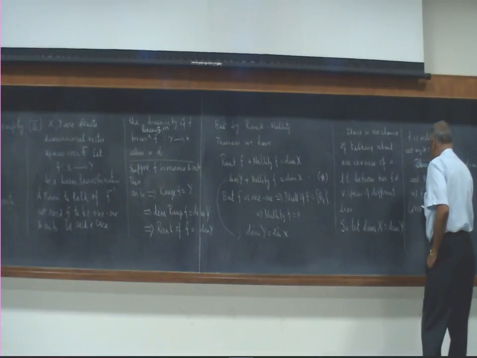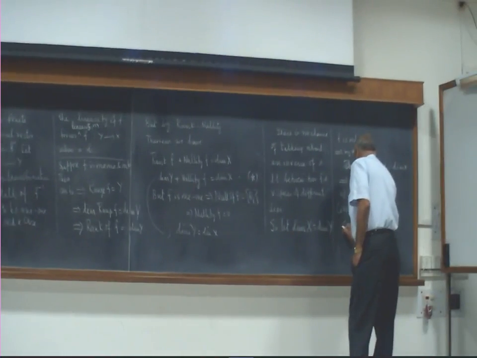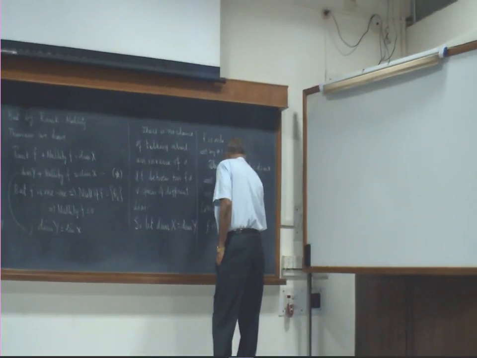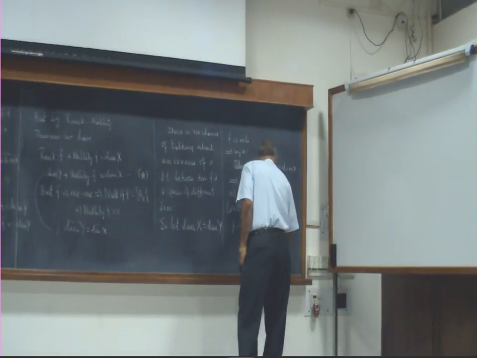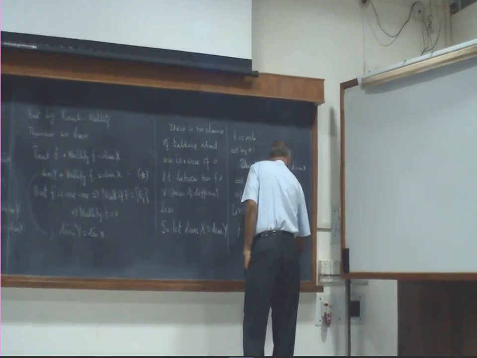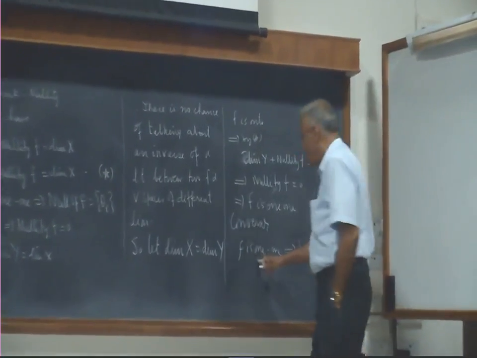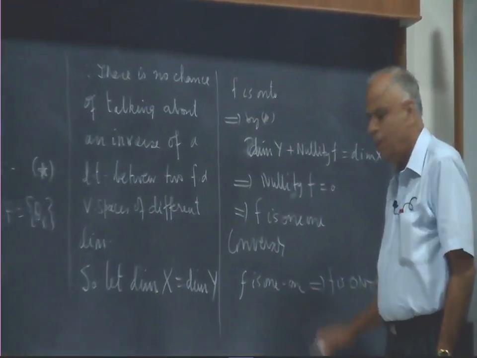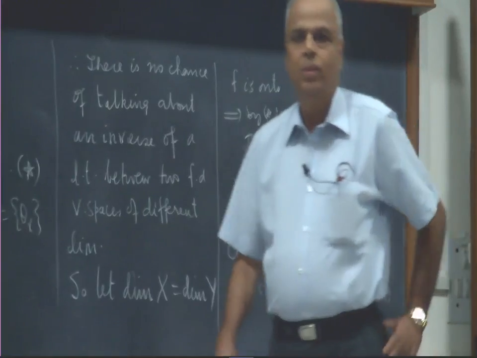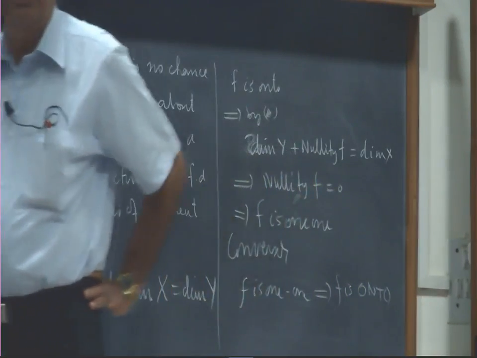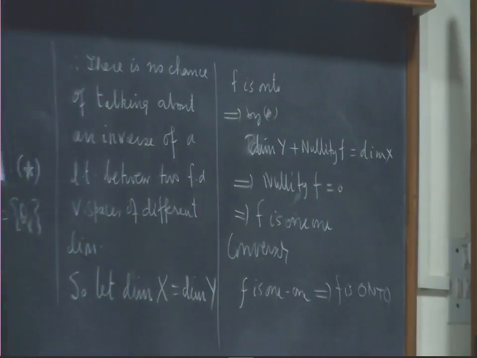Okay, so let me put it this way. Conversely, F is 1-1 implies F is onto, because nullity is 0, rank plus nullity is dimension x, so rank is equal to dimension of x, but dimension of y therefore is equal to the dimension of x, and we are done.